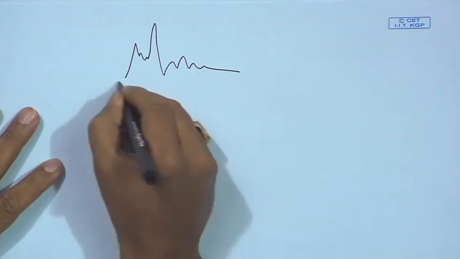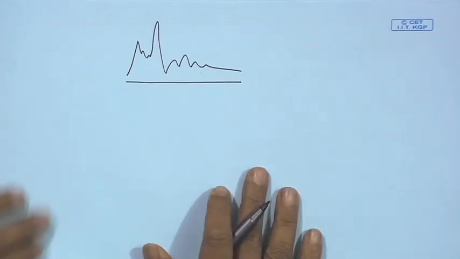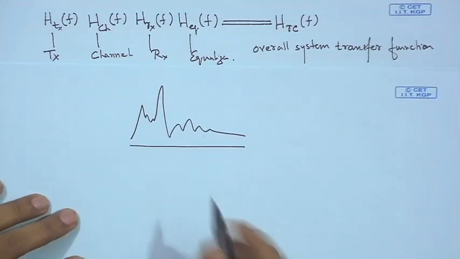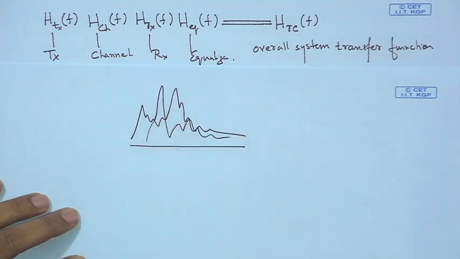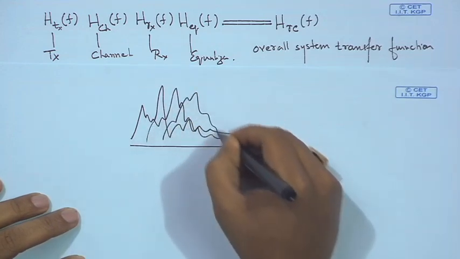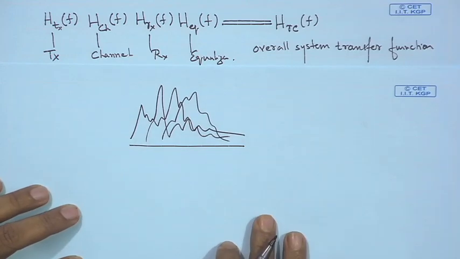Suppose the channel has an impulse response which is like this, and then there is another echo and continuous signals are sent. So, there is ISI.